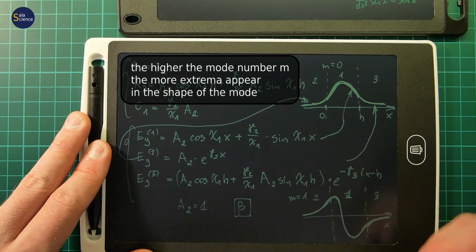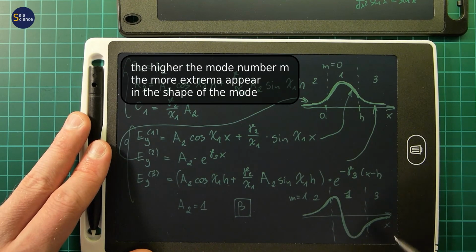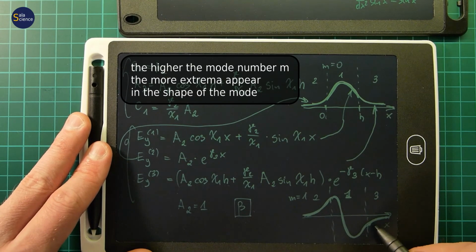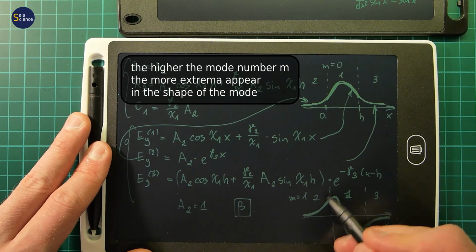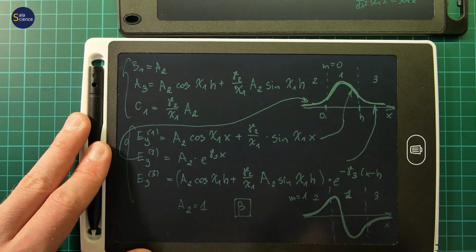So always we have some linear combination of sine and cosine functions in the core, and exponential decays in the substrate and cladding. So this electric field vanishes as we are getting further from the core.